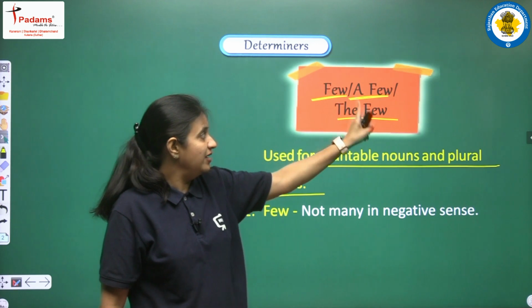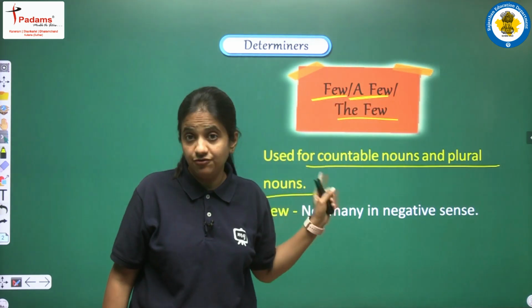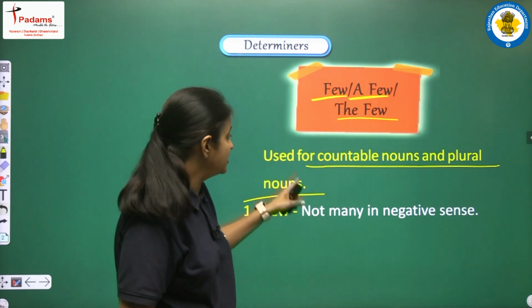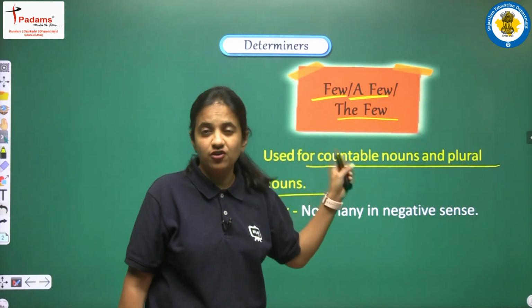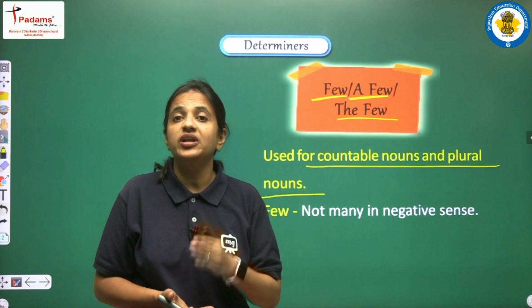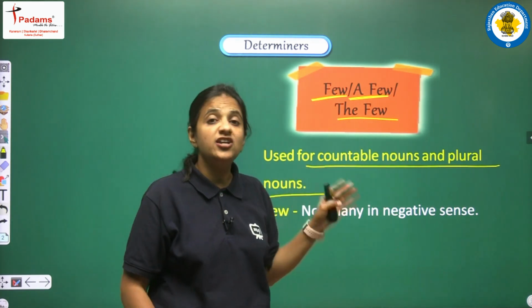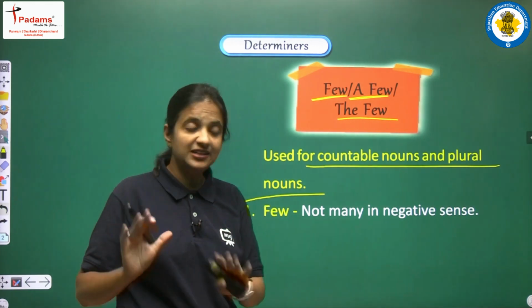So here we have few, a few and the few. These three determiners are used, first of all, for countable nouns. It means the noun should be countable, and the second condition is that the noun should be plural. Clear?